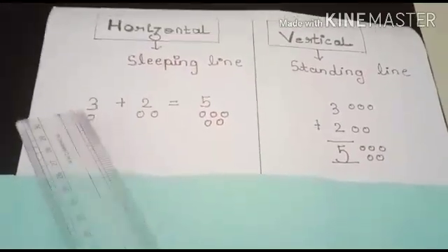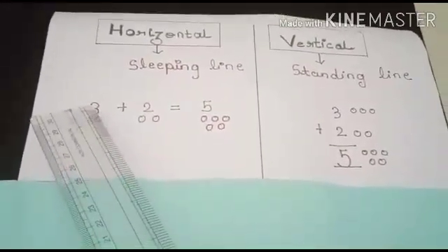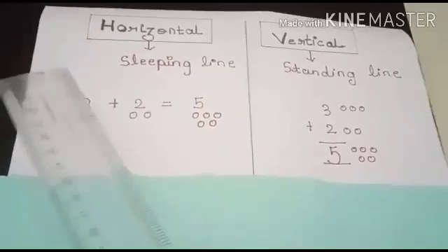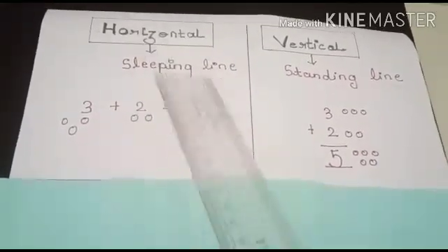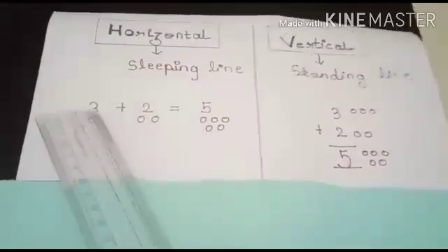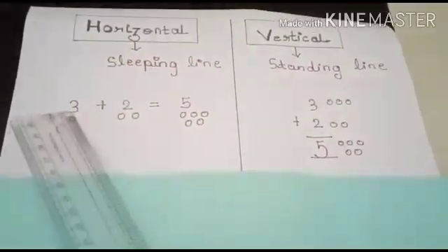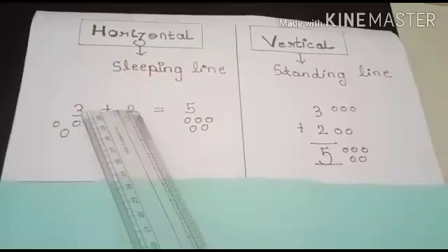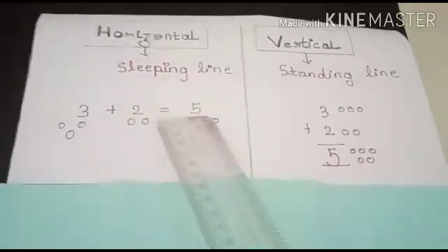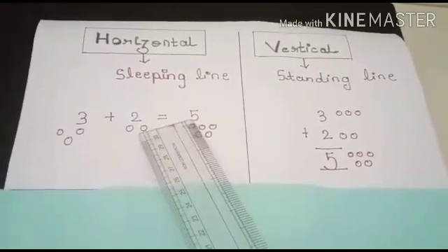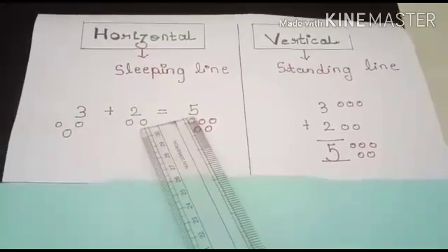First one is 3 plus 2 is equal to 5. What is 3 over here? Augend. And what is 2 over here? Addend. And what do we get? We get the sum, that is 5.